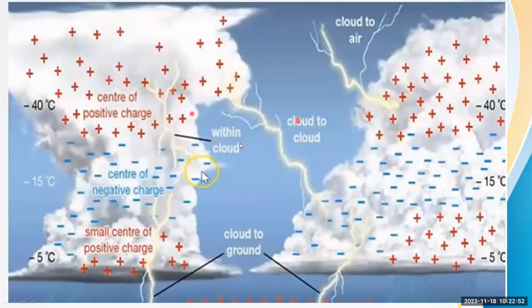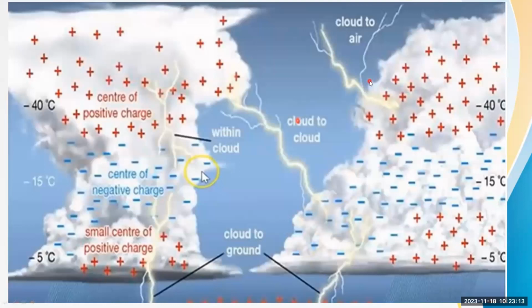Lightning takes place between two clouds, otherwise in cloud to ground and also cloud to air. So charge accumulated in the cloud discharges into the neighboring cloud or ground or air. In this way, this charge is accumulated.